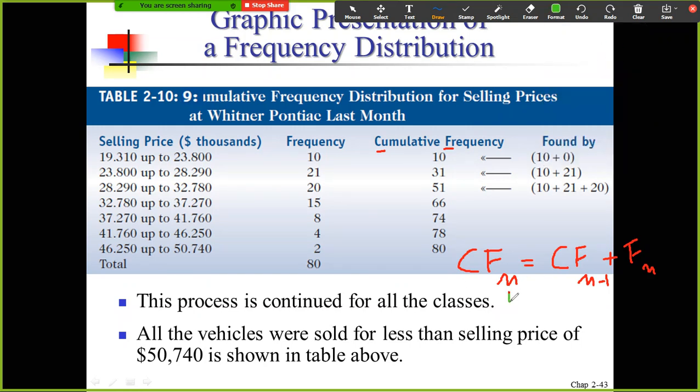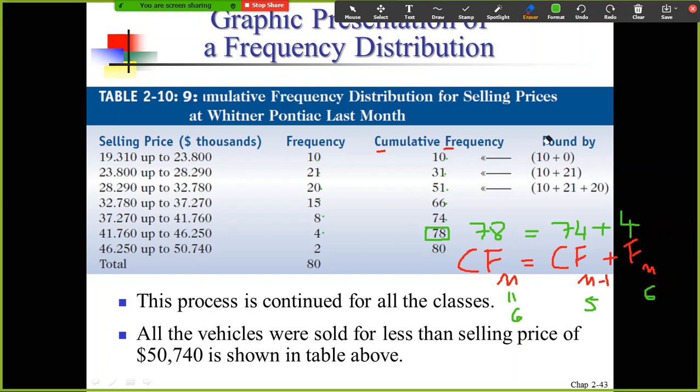For example, if n equals 6, the cumulative frequency of the sixth class, 1, 2, 3, 4, 5, 6, is 78. 78 comes from the cumulative frequency of 6 minus 1, which is 5, 1, 2, 3, 4, 5, that is 74, plus the frequency of class 6, 1, 2, 3, 4, 5, 6, which is 4. That's why 74 plus 4 equals 78.